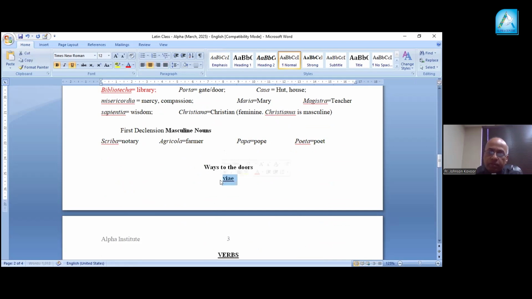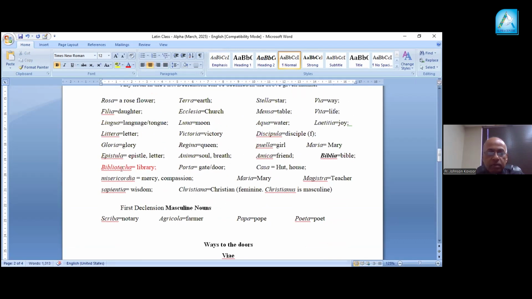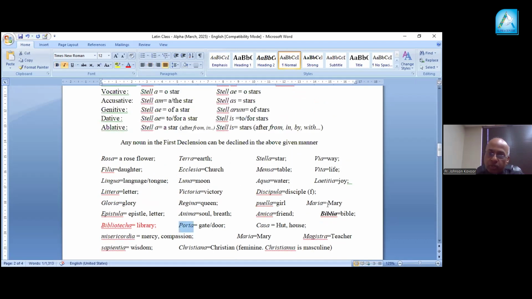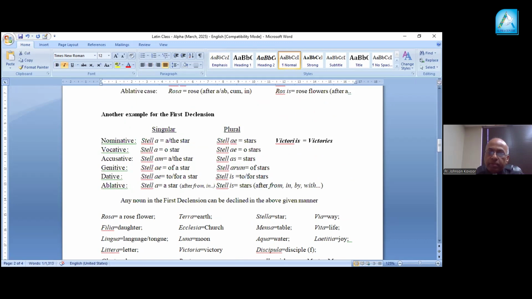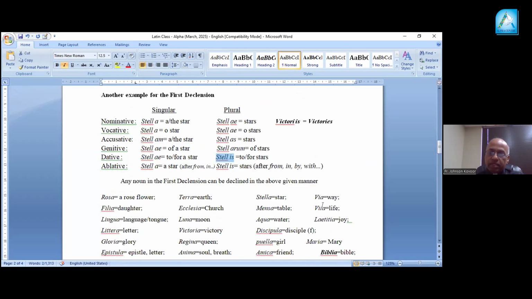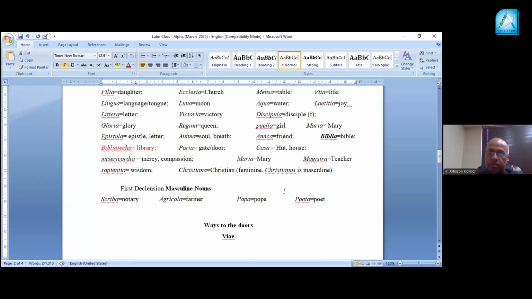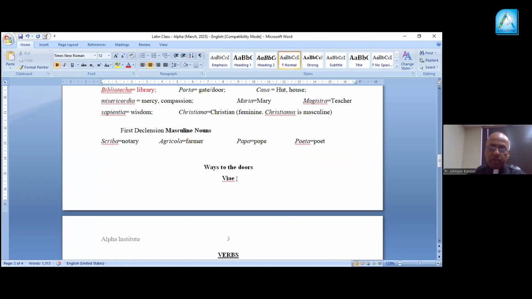To the doors. Porta is door. Portis. Correct, portis, dative plural. Viae portis, you are correct. Like stellis or rosis. Viae portis. Ways to doors.